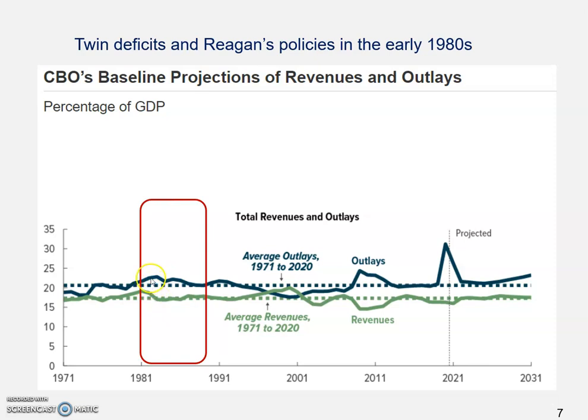So the wider the gap between these two curves, the larger the government budget deficit. As you can see, in the first few years of the Reagan administration, the budget deficit increased a lot. After that, the revenue becomes stable, and then the government spending gets smaller, so the gap becomes smaller.